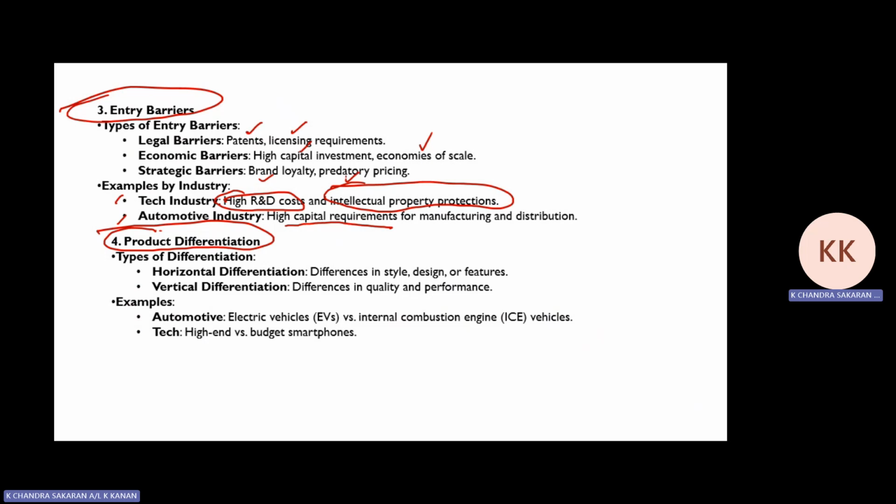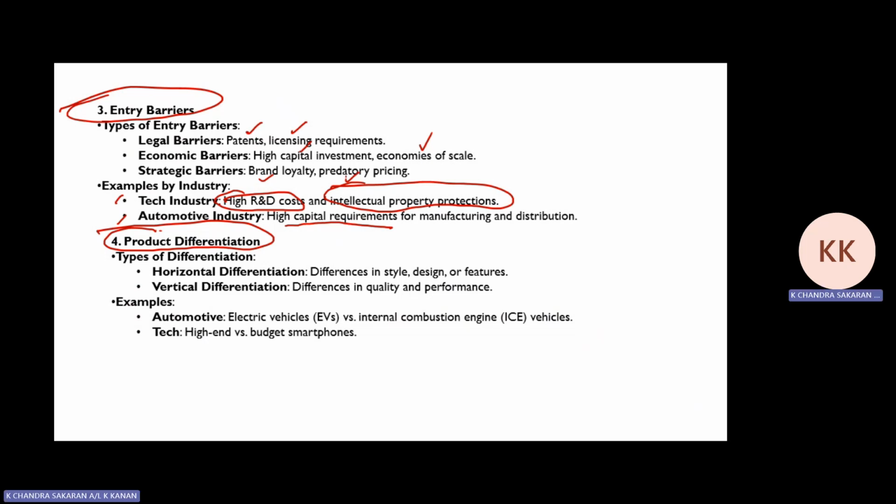Whether the products they produce are the same or similar. Product differentiation can be horizontal differentiation. Horizontal means different style, different design. That is the same product. Let's say your t-shirts are all different. This is horizontal product differentiation. Vertical product differentiation, different.